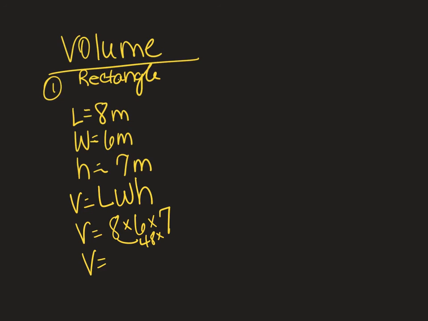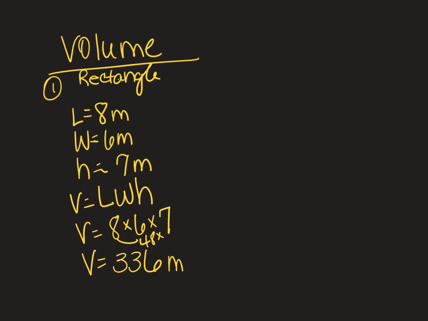Has anybody got an answer? 300. Okay, go ahead. I don't have 300. What'd you get? 236. Should be 336. 336. Look at this. Meters cubed. So remember that I talked about the linear measurements are cubic. When you're doing square, there's square feet, square inch, square yards. But when you're doing cubics, it's cubic feet, cubic inches, or cubic yard.